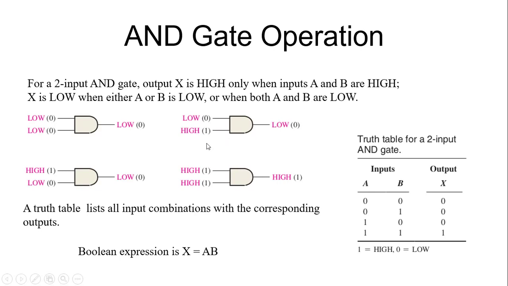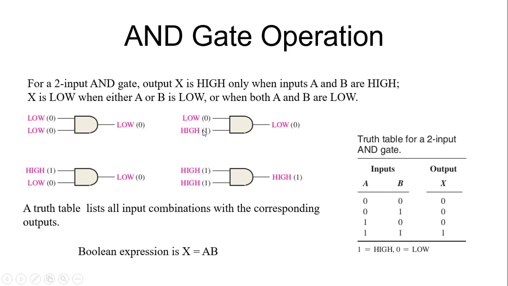So if we look at this case, we have 2 inputs, so we have 4 cases. 2 raised to power n gives the number of combinations, where n is the number of inputs. So we have 2 inputs, so 2 raised to power 2 is equal to 4. So we have 4 combinations of the inputs. When both the inputs are 0, the output is 0.